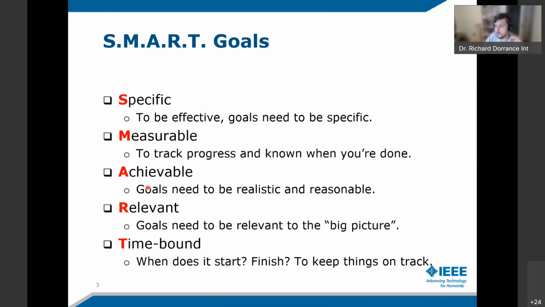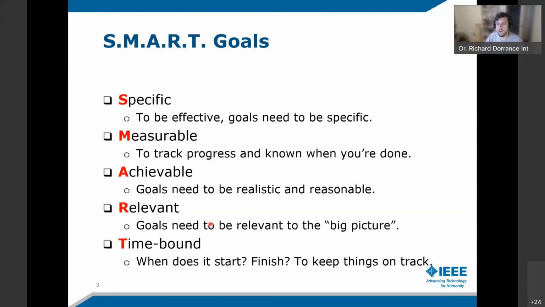If they're not realistic and reasonable, if you put too high of a bar up there in terms of how to do something, you're going to be discouraged. It's not going to be helpful, and you're not going to be able to make much progress. Goals also need to be relevant. You need to place a goal that's going to get you towards a target you're trying to get to in actual research.